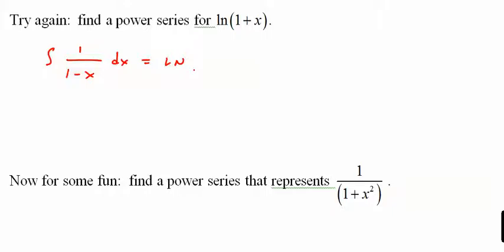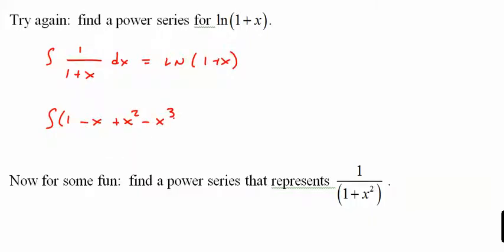Notice it can't be 1. So what's the integral of 1 minus x plus x squared? Oops, I just realized I screwed up. It's plus x. So now it flips everything.